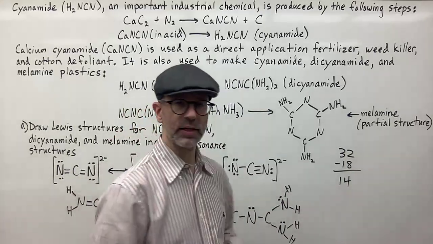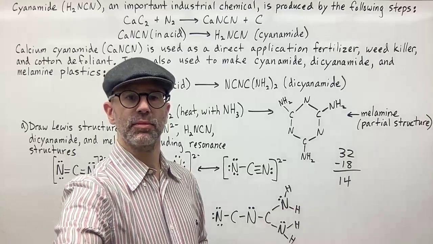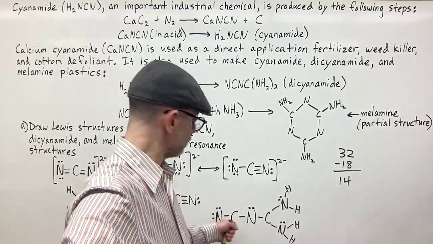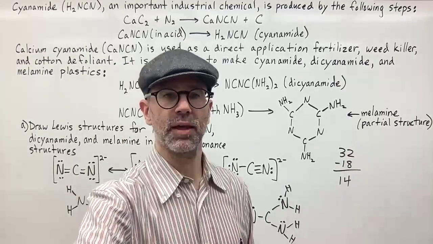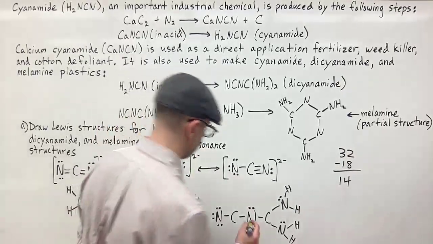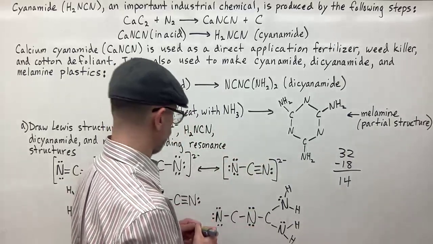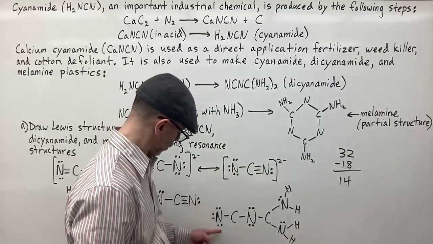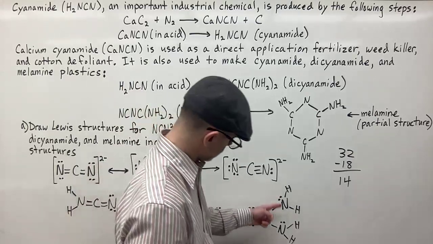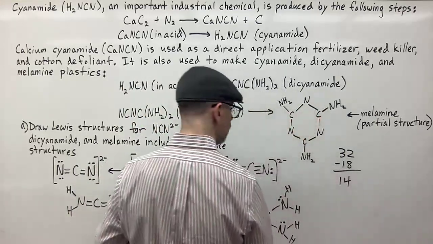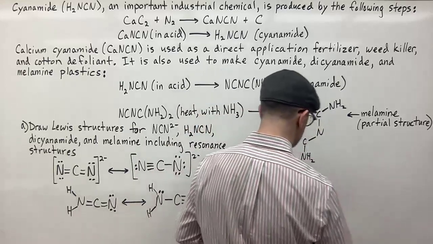And I still need to put in 1 more. So that should be 14. So 1, 2, 3, 4, 5, 6, 7 times 2 is 14. So I used up all of the lone pairs.